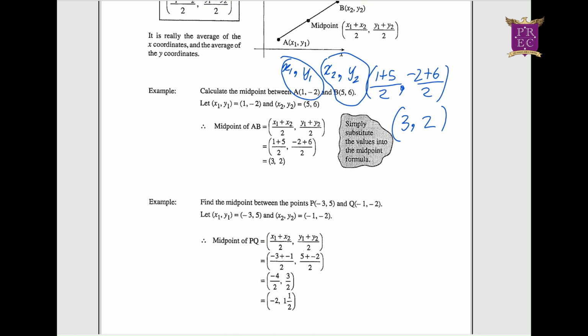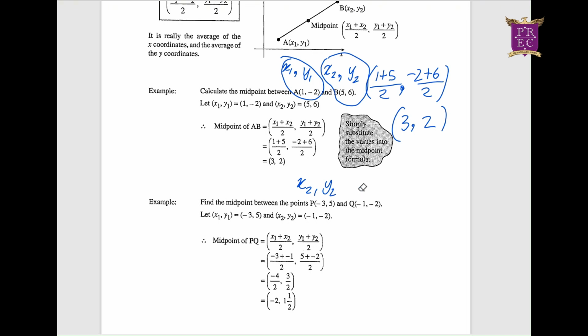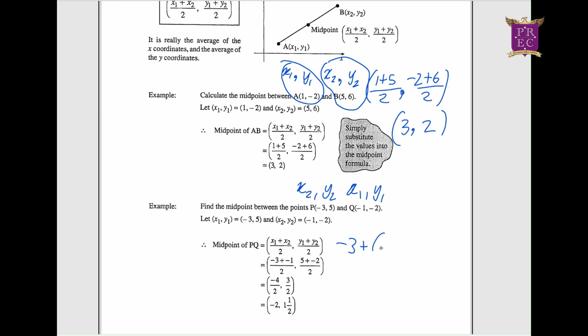Let's do this example. Make this x2 and y2. Sorry, that's not y1, that's x1. Make this x1 and y1. Alright, add them up. Divided by 2, that's our x coordinate.